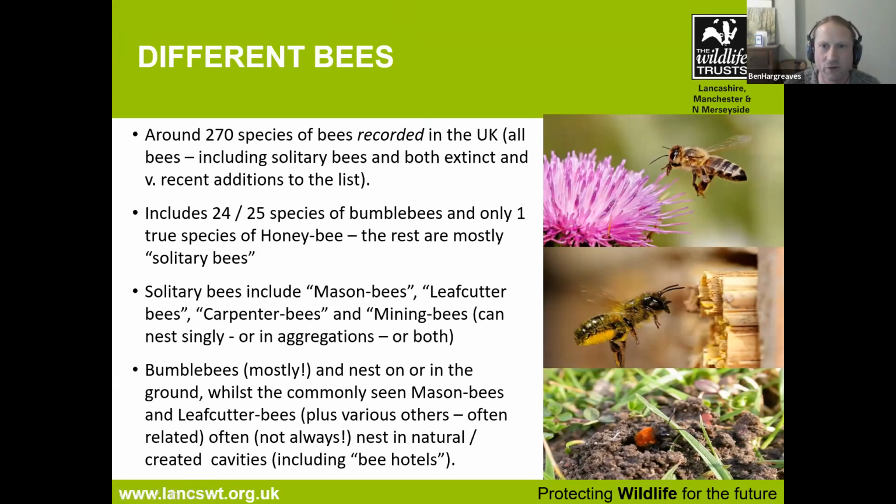It's the vast majority of bees that we're talking about, only a few bumblebees and even fewer of those in our area, and quite a wide range, which we'll come to subsequently. And a range of nesting habitats that we'll also see as we go through the different families. Okay, next slide, please, Carl.